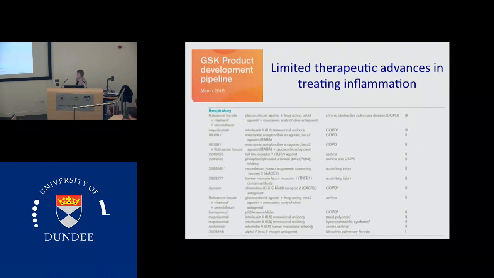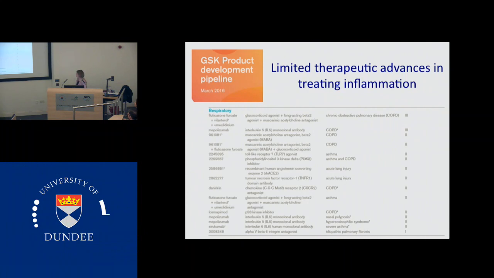And the pharmaceutical industry pipeline is also pretty depressing, actually. It's unfair to pick perhaps on GSK, but I think this is interesting. This is their pipeline as of March 2016.